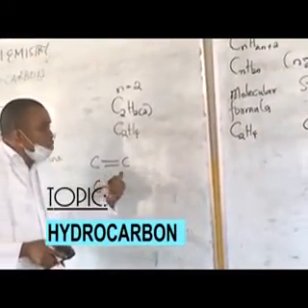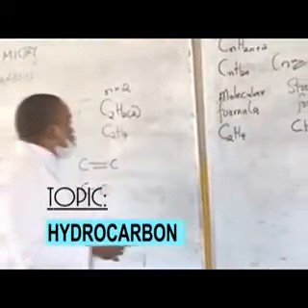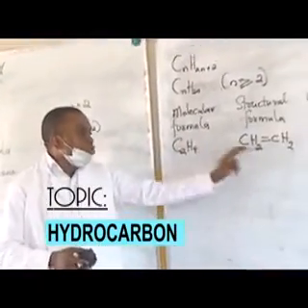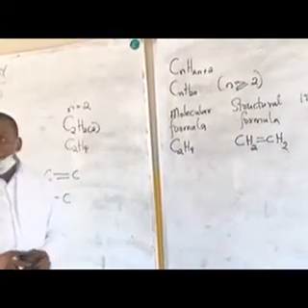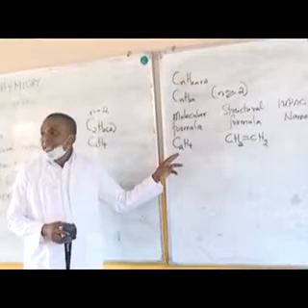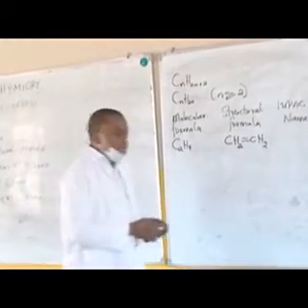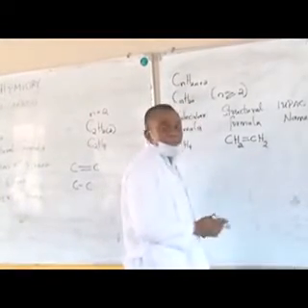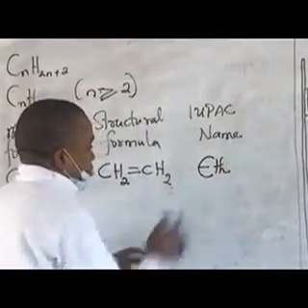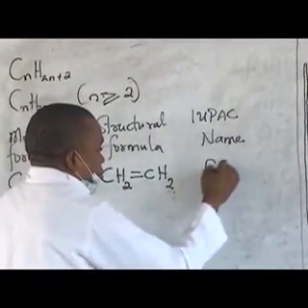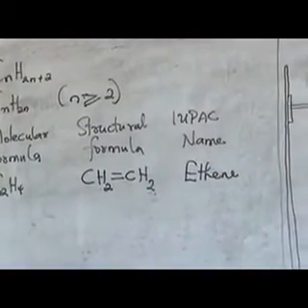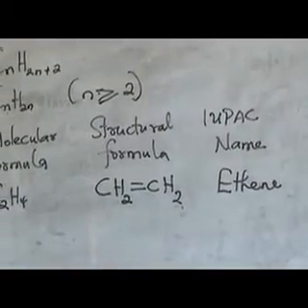It's either a double bond or a triple bond. But for today, we are looking at the alkenes, and the alkenes mainly have what? Double bonds. And so the first member of the alkene is C2H4. And for the IUPAC name, the IUPAC name for the first member is ethene.